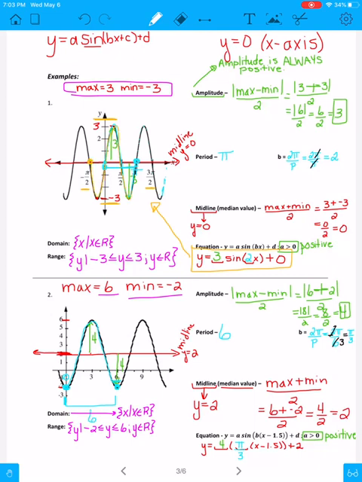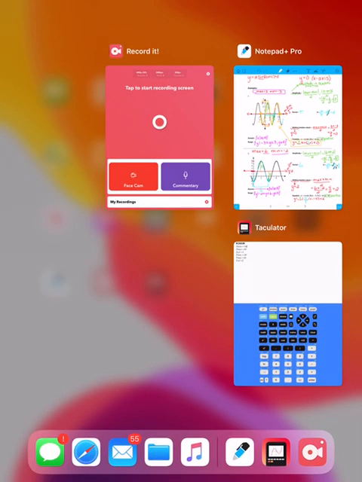What I see in this yellow graph should be what I see in my calculator if I didn't mess up my equation. So we're going to go there.